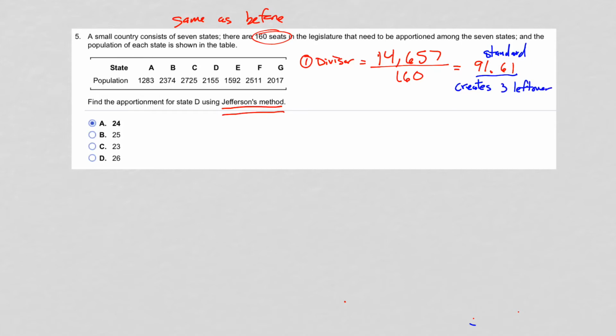So Jefferson says, I don't want leftovers, so I'm going to modify this 91.61. Let's just play with it. Let's just use 90 and see if that works. If that doesn't work, we'll go down to 89, and so on and so forth.